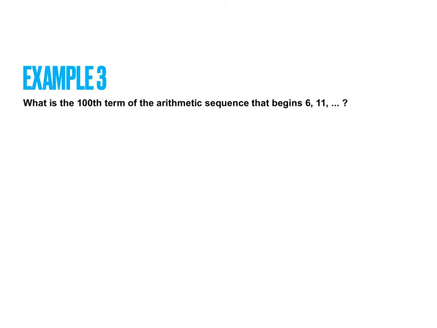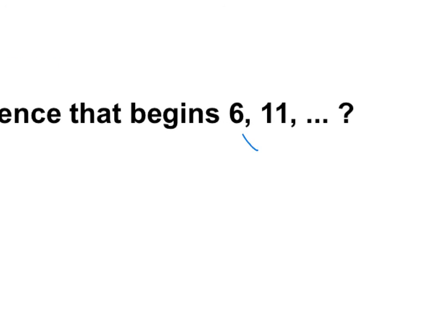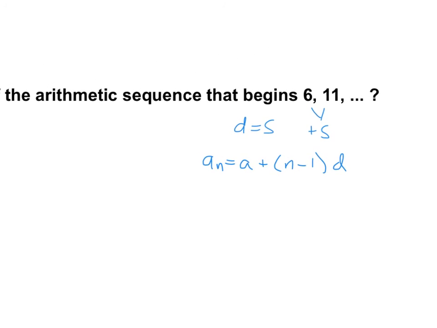Arithmetic sequence, Example 3. What is the 100th term of the arithmetic sequence that begins 6, 11? To go from 6 to 11, we're adding 5. So our D is going to be 5. The formula that we use is A of n is equal to A plus n minus 1 times D. This is our formula. Now we need to plug things in.